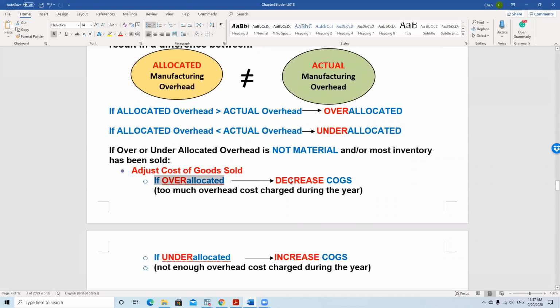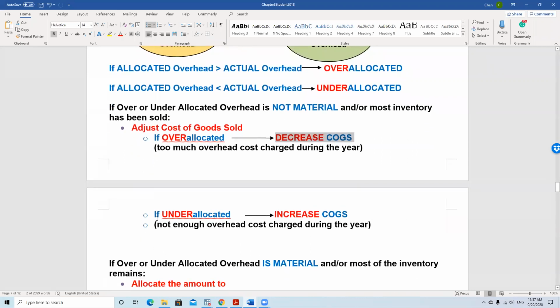Then what do we do? We will decrease our cost of goods sold by the same amount, okay? In that way, you are not misreporting. If I use the word misreporting, it sounds like you are deliberately doing that. But if you decrease your cost of goods sold, that means you are using the actual amount of manufacturing overhead during the year.